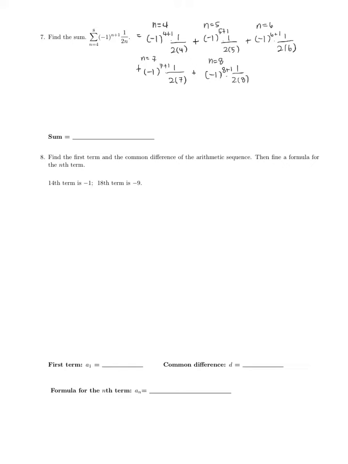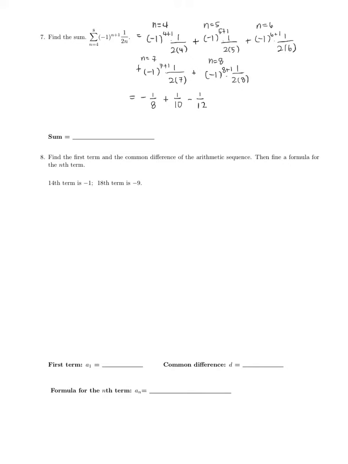All right, so then what do we get here? It looks like we're going to have the first term, which is when n equals 4, negative 1 over 8. Plus when n equals 5, positive 1 over 10. And then when n equals 6, minus 1 over 12.